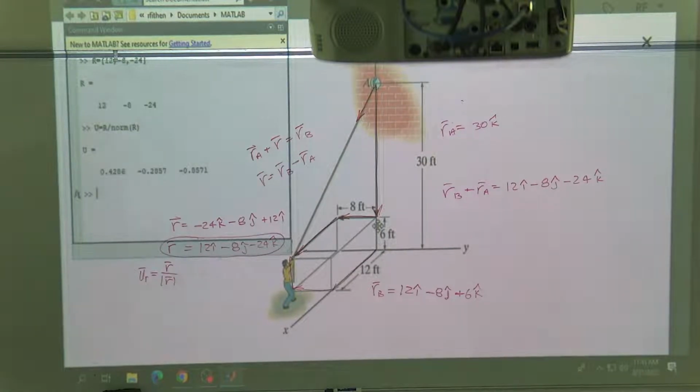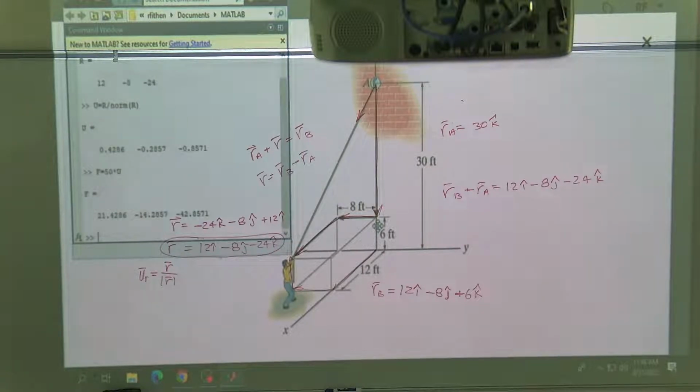Now let's say it's 1,000 pounds. That guy's probably not pulling 1,000 pounds, so maybe he's pulling 50 pounds. Does that make sense? So he's pulling the rope with 50 pounds. If I want to know the force, it's equal to 50 pounds times U. And that's his force. That's the force that spot up there at A feels.